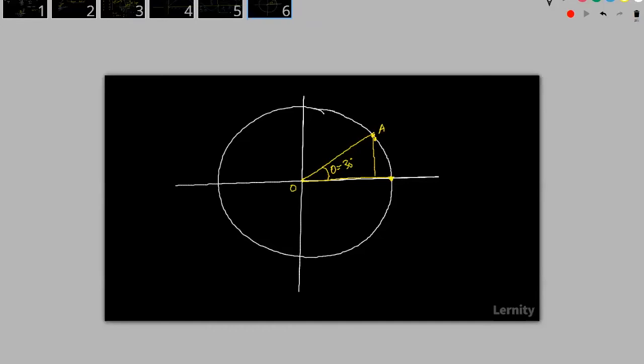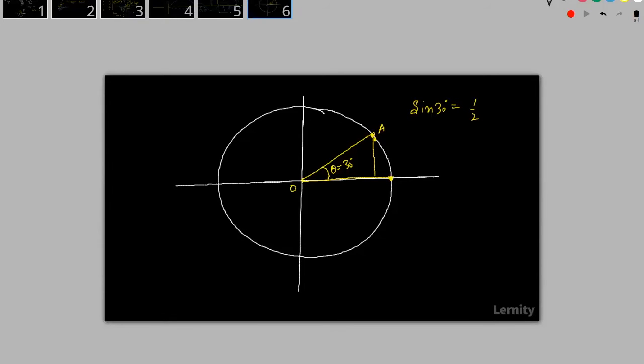Suppose I take this point as A, so this will be an angle theta, let's take it 30 degrees, and this is a right angle triangle. If I try to find sine of 30 degrees, sine 30 degrees is 1 by 2.